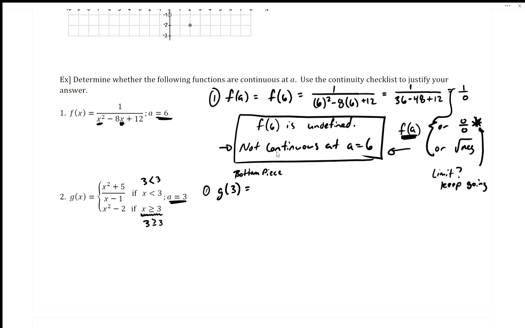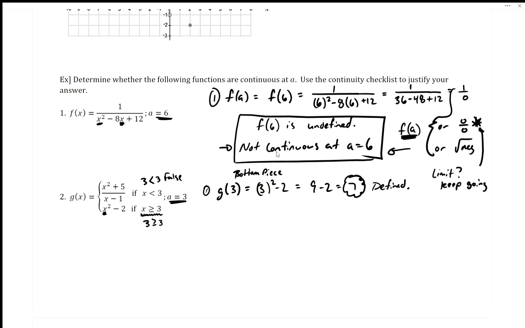I'm plugging my 3 into that x. So 3 squared minus 2 is 9 minus 2, that's 7. This shows that g of 3 is defined because it's just a regular old number.